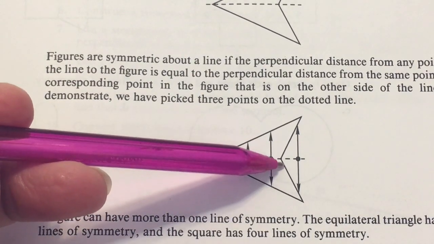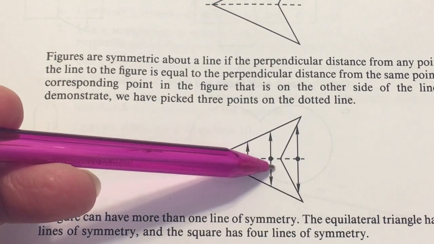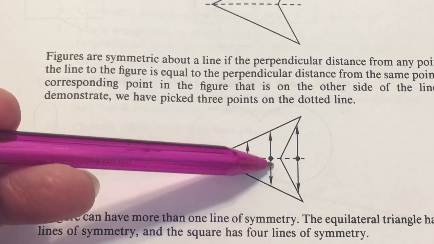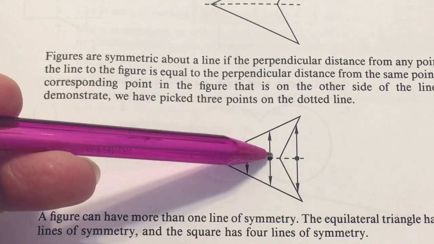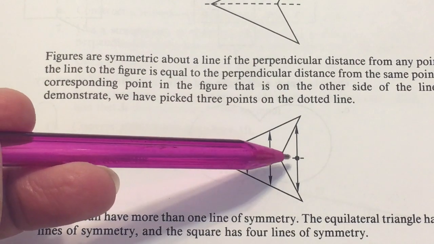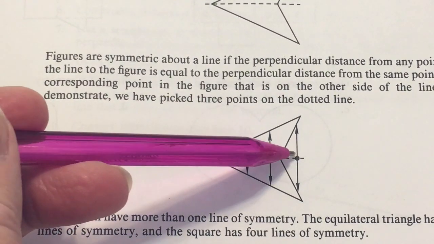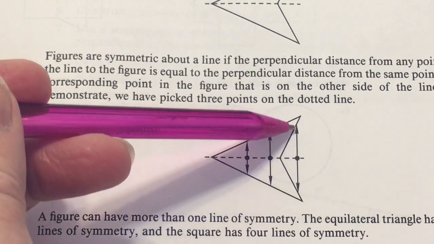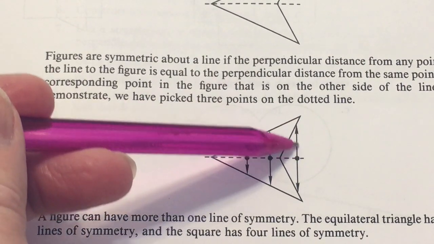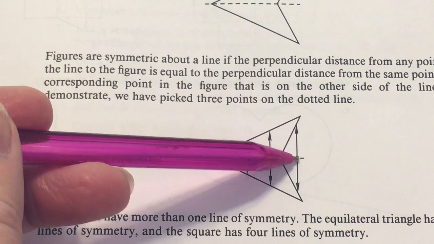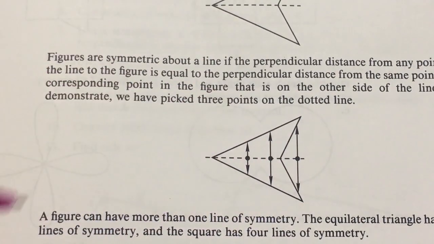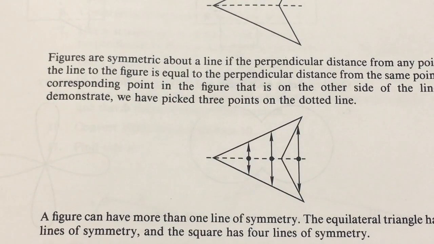And then a right angle right on this side too, going straight down. This distance must be the same as this distance up here. And lastly, since this is also on this dotted line of symmetry, this distance here till it touches the figure again, and this distance here must be the same.